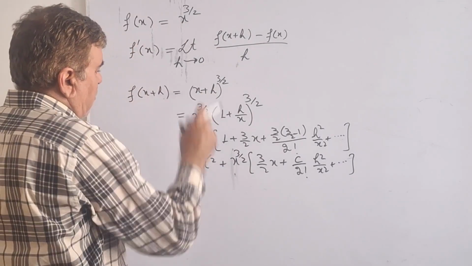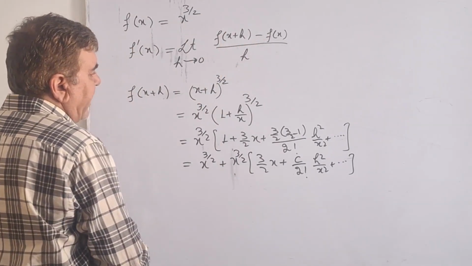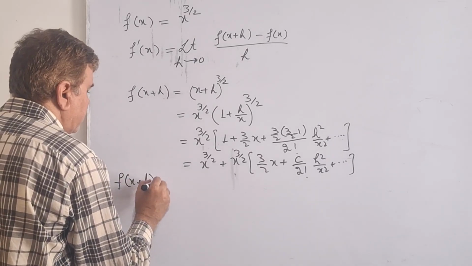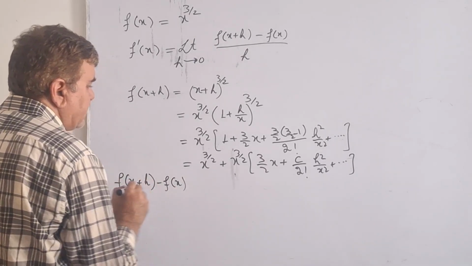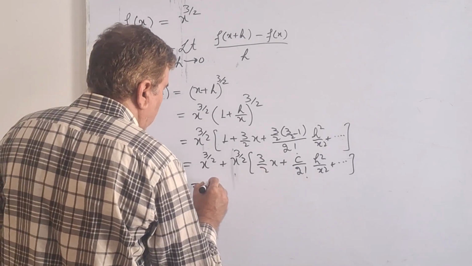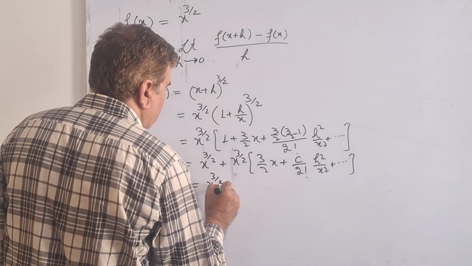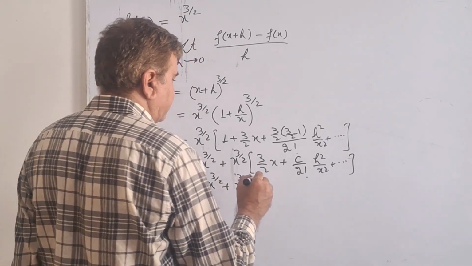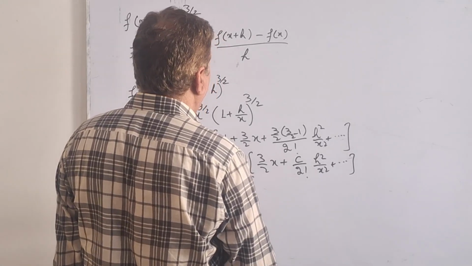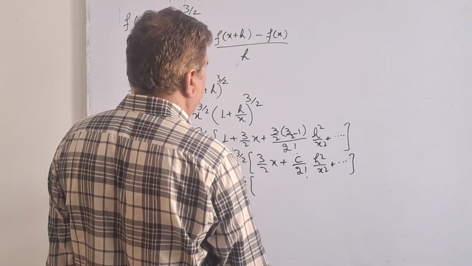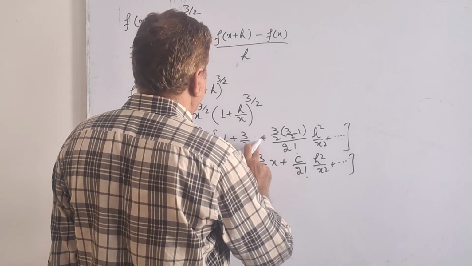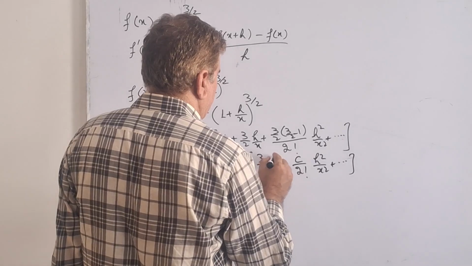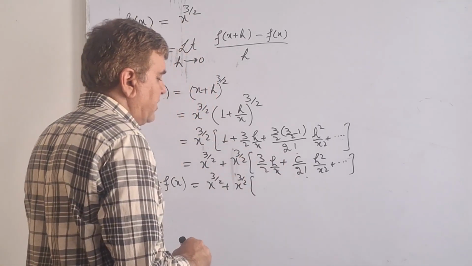Now I want to construct the numerator, so that I can do f of x plus h minus f of x, and writing this whole value x power 3 divided by 2 plus x power 3 divided by 2 into, oh, I made a mistake. Yes, I definitely made a mistake. This in fact is h divided by x, so I have h divided by x at this position as well.